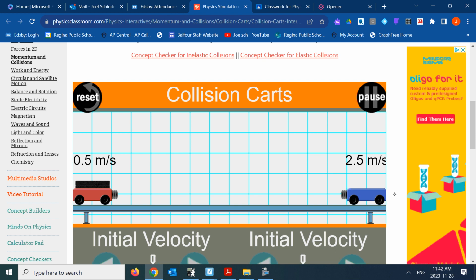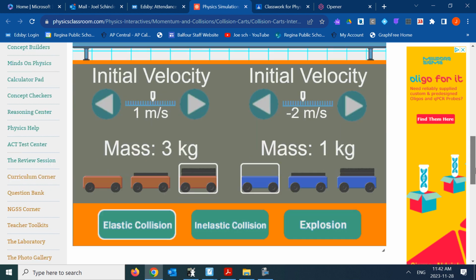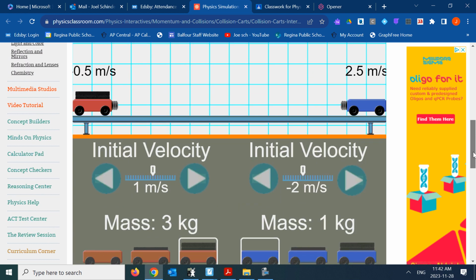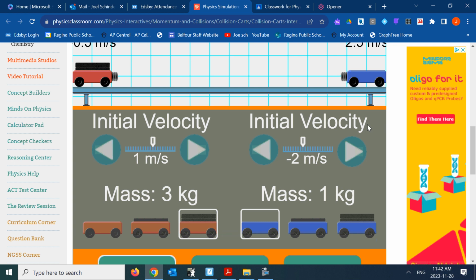Okay, so here's what I'm going to do. So here I have initial velocity for the red as 3, or 1 and 3. So what if I did the opposite here, and I made this, I got to reset.